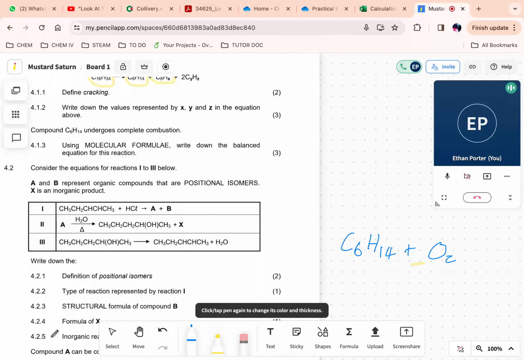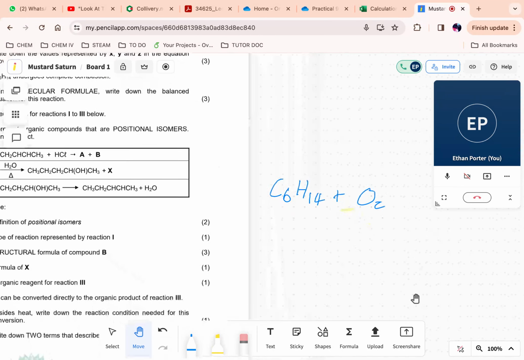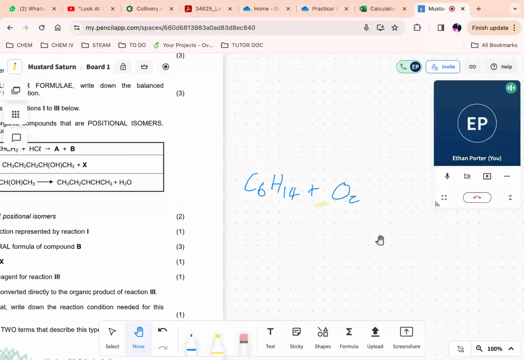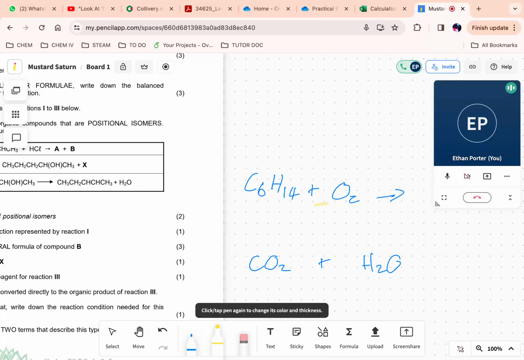We know that our products, I'll just write it at the bottom, are definitely going to be CO2 plus H2O. We're just not sure how much of each right away. The first thing to notice is we have 6 carbons, so there has to be 6 carbons on the right-hand side of the equation.